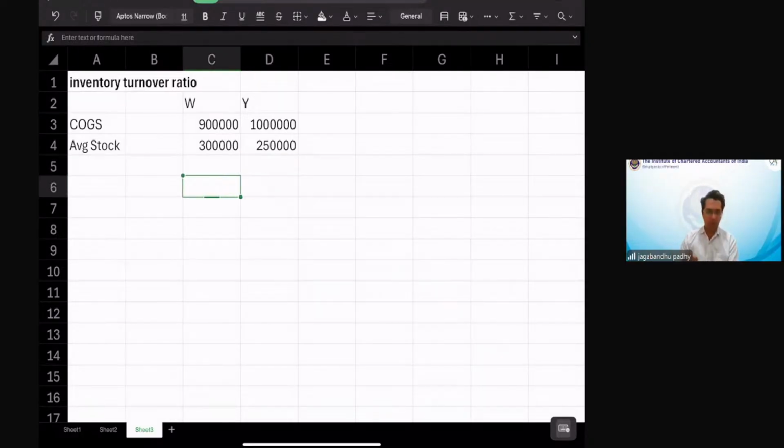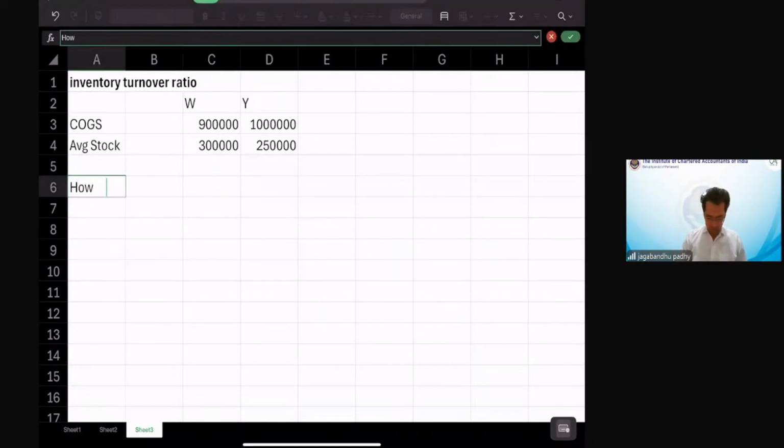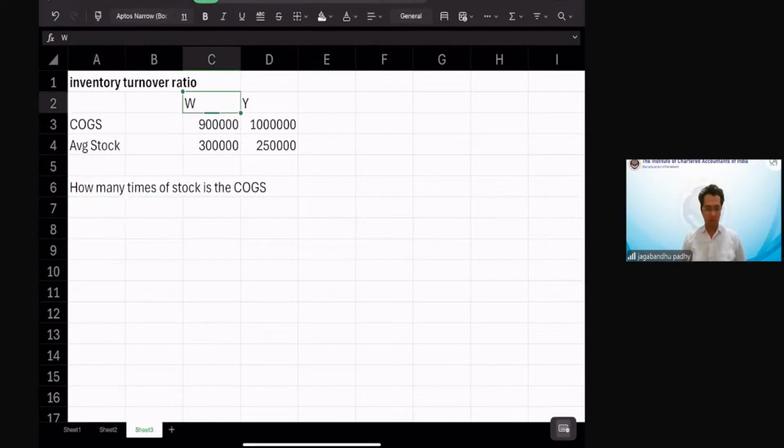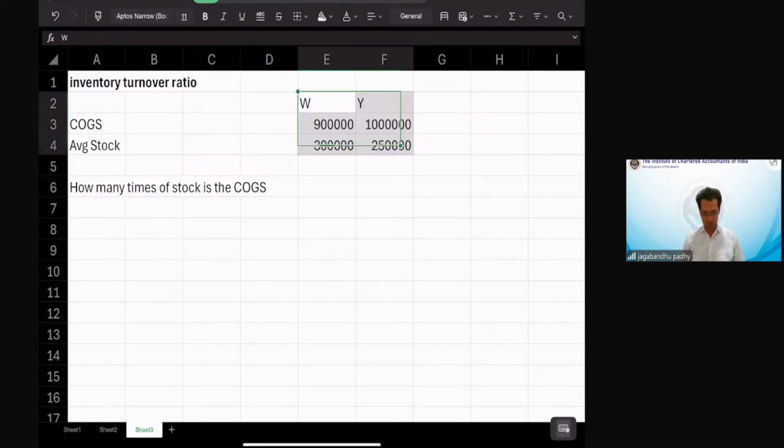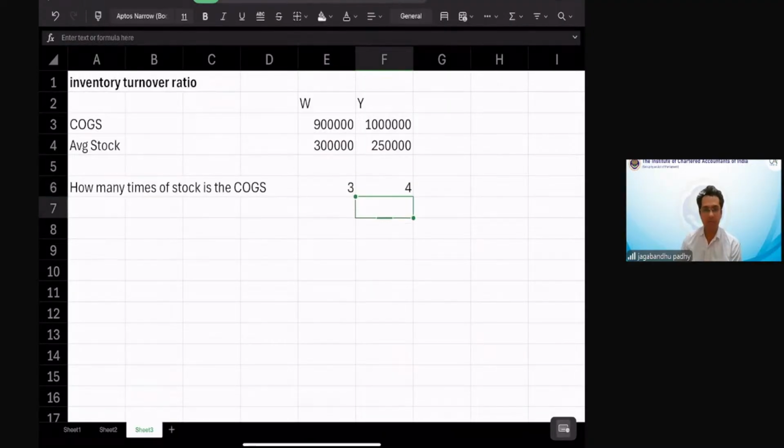So my question before you answer that is, how many times of stock is the COGS? Can I say here it is 3 times and here it is 4 times?